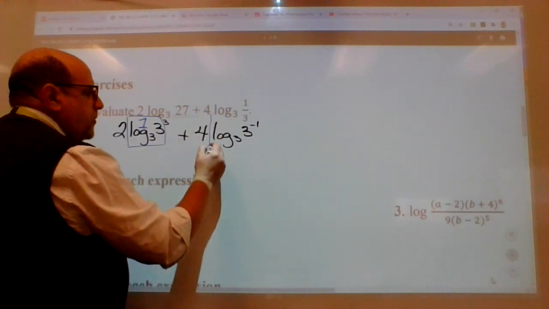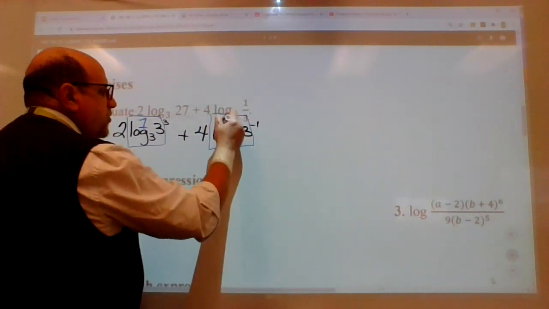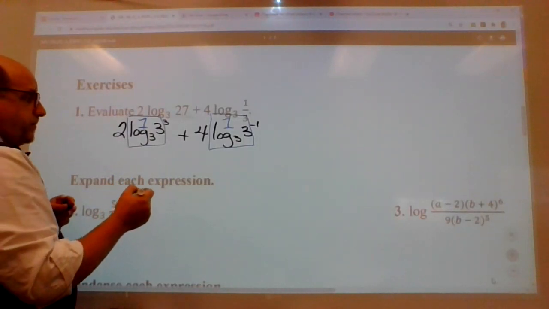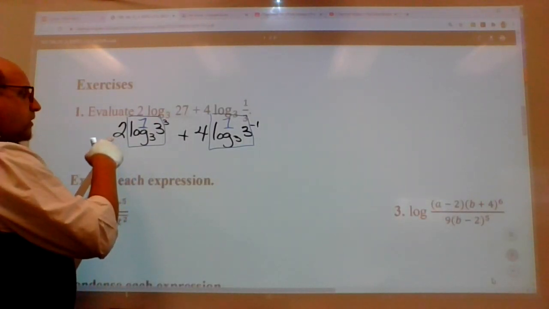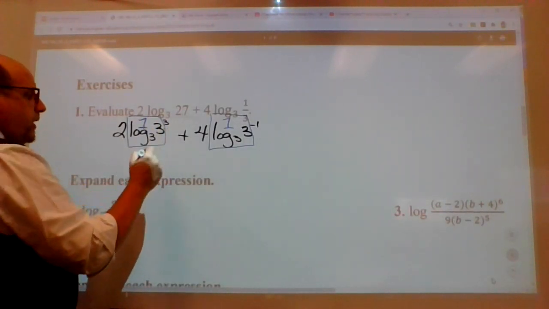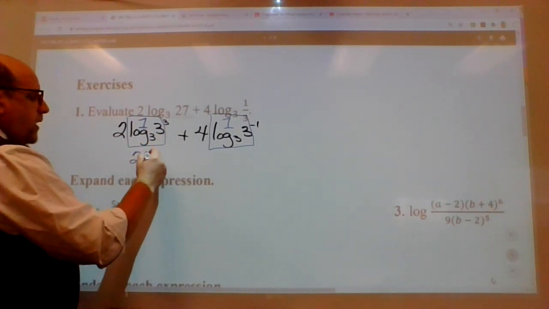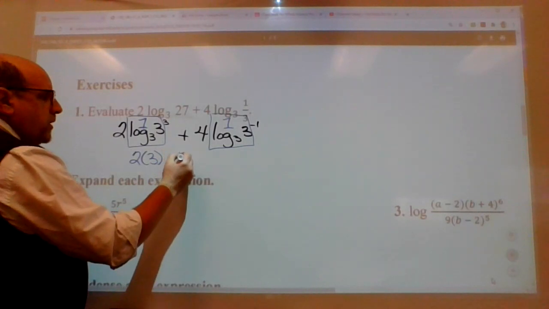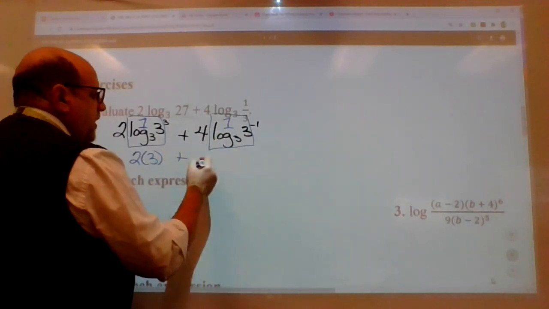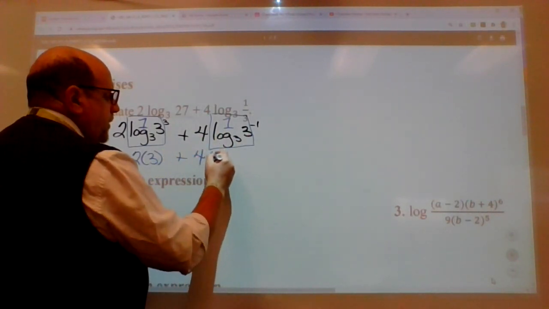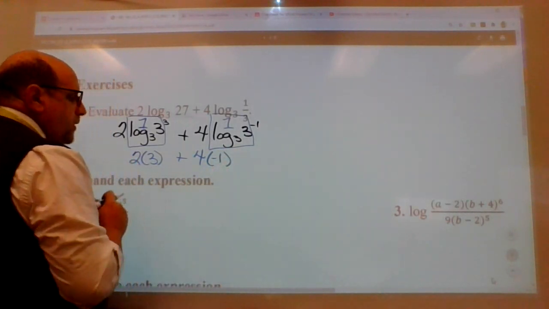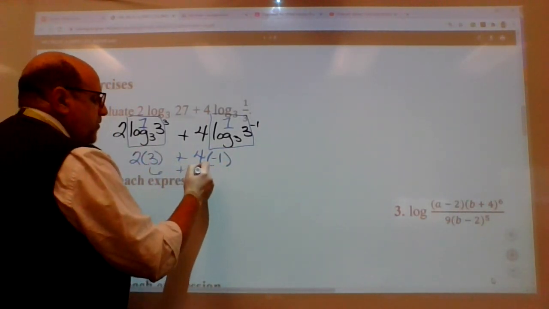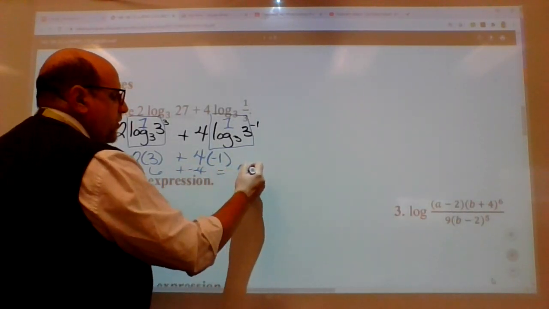So we have it here again. We're just trying to get these logs out of our way so we can do some evaluation. What's left over? A 2, a 1, and a 3. So 2 times 3, I don't even want to write the 1 down there, plus 4 times negative 1. If we evaluate this, we get 6 plus negative 4, which equals 2.